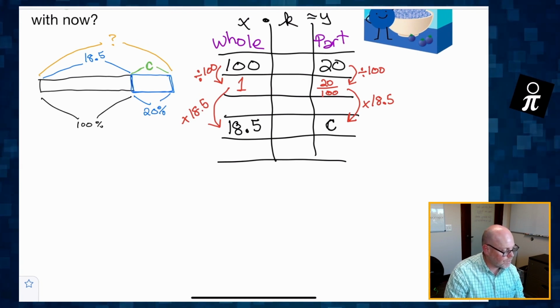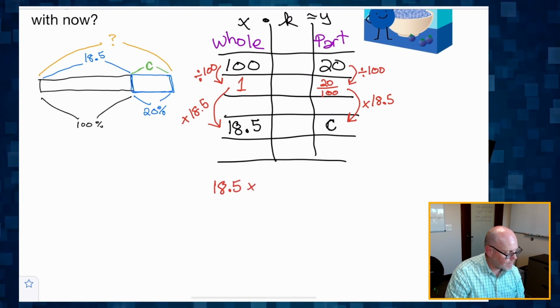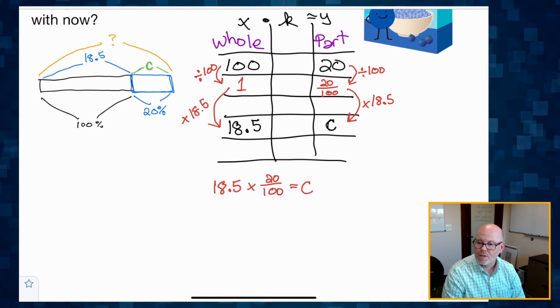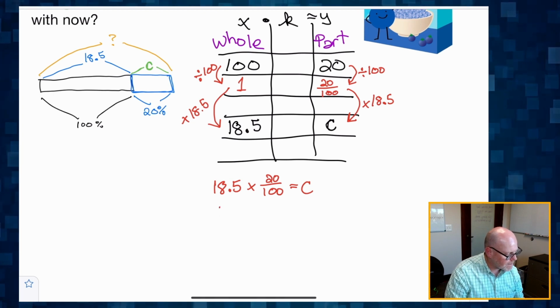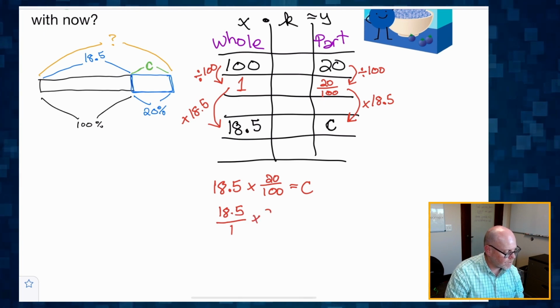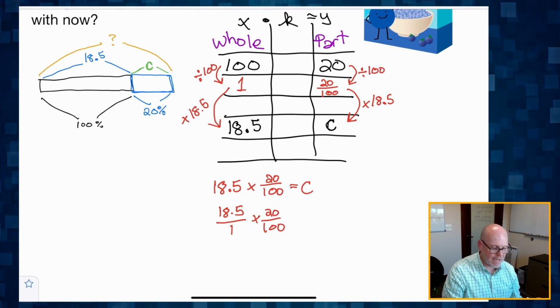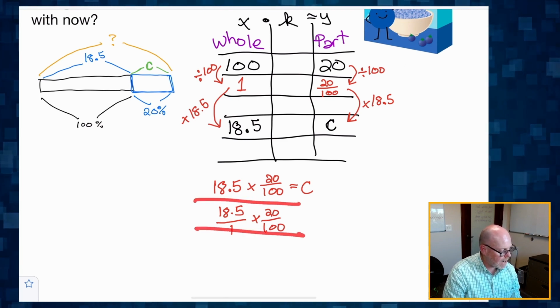All I have to do is multiply 18.5 times 20 hundredths, and that is going to get me my value of C. We're going to do something a little unorthodox here. We're going to put 18.5 over 1 times 20 over 100. And how are we going to simplify this? Well, we're just going to multiply straight across.